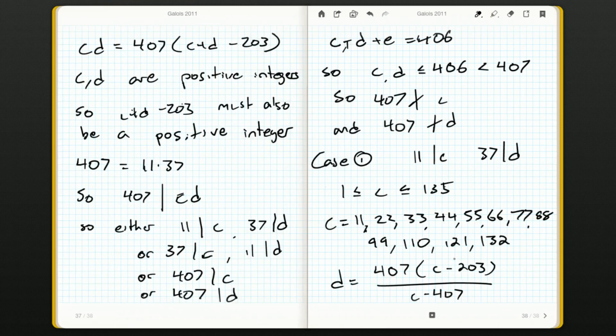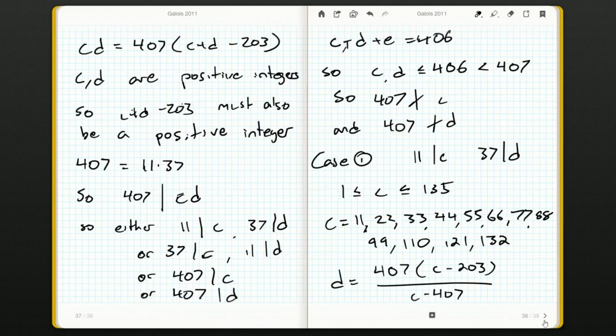We could plug each of these C's in here and see what happens. So for example, if I plug in 11, minus 203 is negative 192, divided by 11 minus 407, multiplied by 407, I get 197.3 repeating.